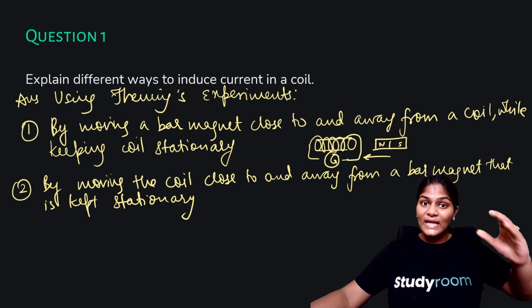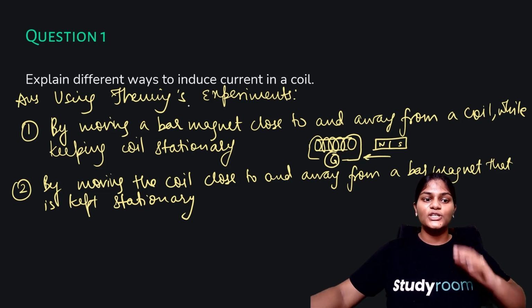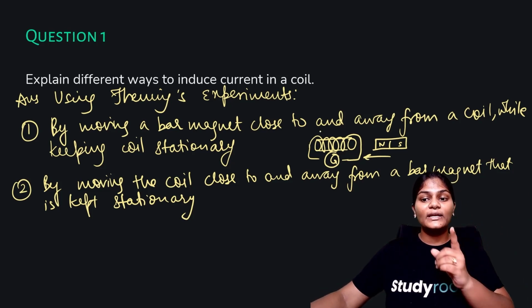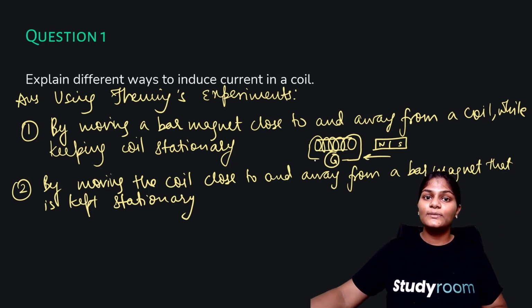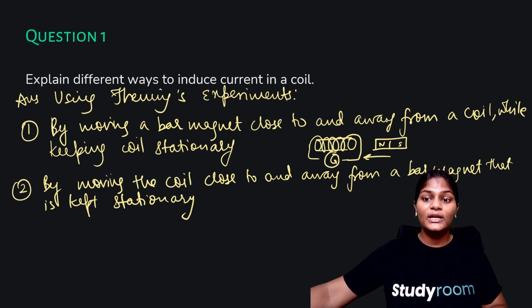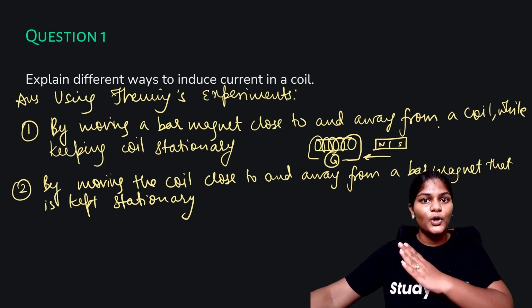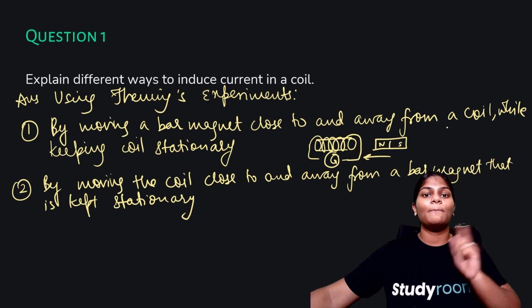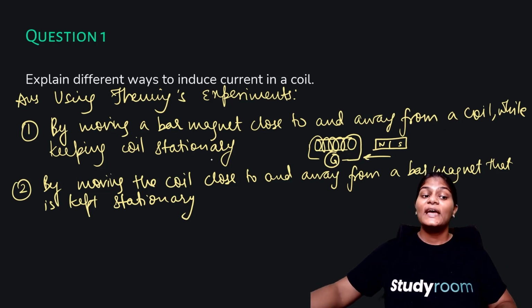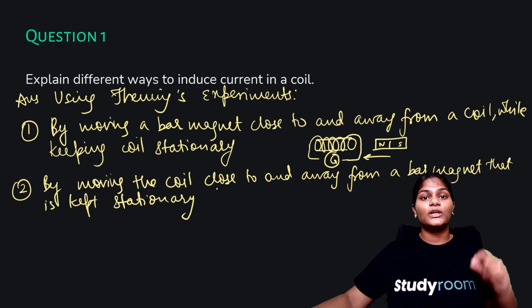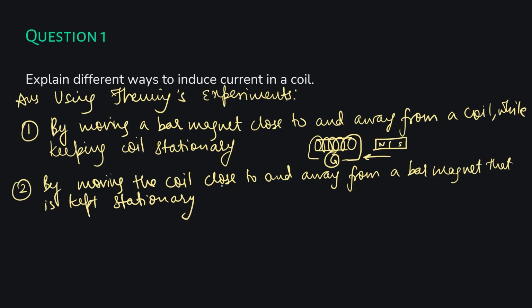So now instead of just stating this, you can say when we move a bar magnet close to a coil, we see there is a momentary deflection in the galvanometer. Then when we take it away from the coil, there is another momentary deflection but in the opposite direction. In the second point, you will write that when the coil is brought close to the magnet, there is a momentary deflection, and when it's taken away, there is a momentary deflection. But when both the magnet and the coil are kept at the same position, there is no deflection.